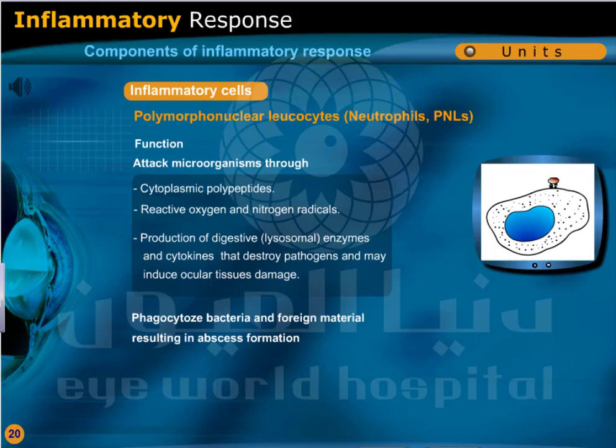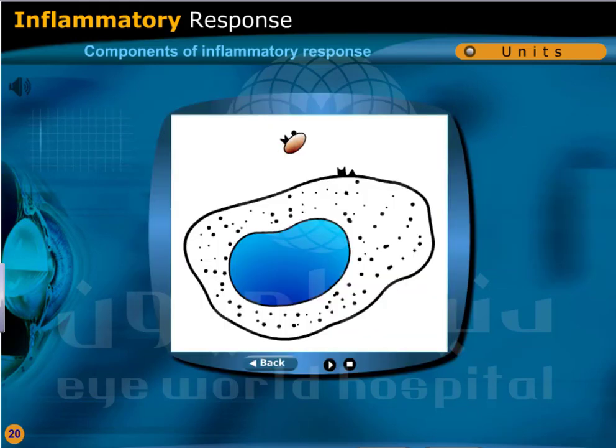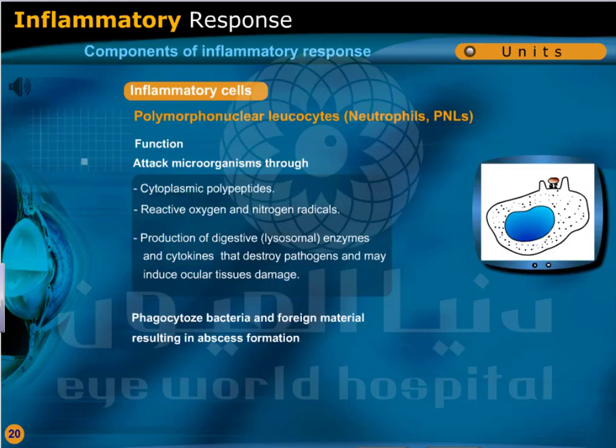Polymorphonuclear leukocytes attack microorganisms through cytoplasmic polypeptides, reactive oxygen and nitrogen radicals, production of digestive lysosomal enzymes, and cytokines that destroy pathogens and may induce ocular tissue damage. They also phagocytose bacteria and foreign material, resulting in abscess formation.